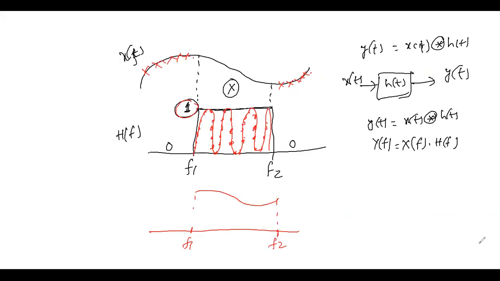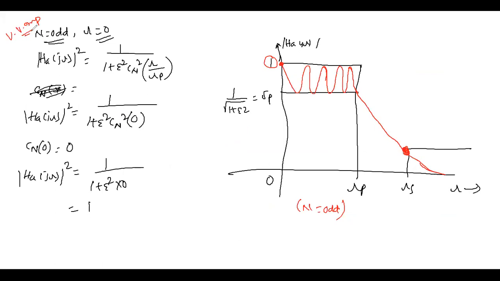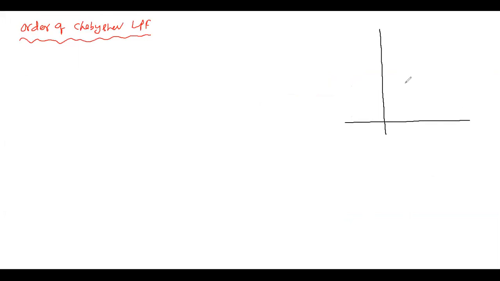It's very easy. How to find the order of the Chebyshev low pass filter? Now, before that, first you just do the diagram so that you get a clear idea how to find the order of the filter.